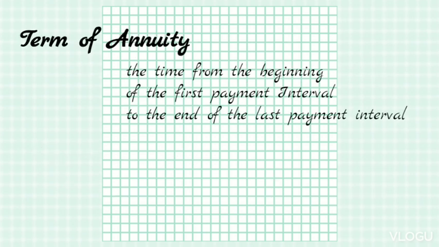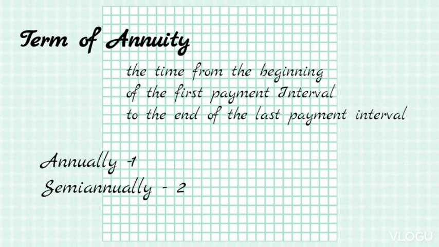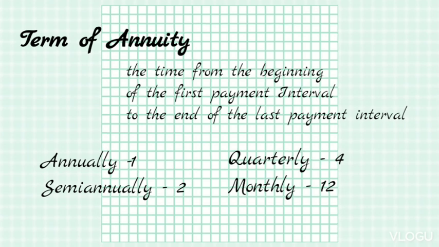Term of annuity is the time from the beginning of the first payment interval to the end of the last payment interval. We have conversion periods. When the conversion period is annually, M is equal to 1; semi-annually, M is 2; quarterly, M is equal to 4; and monthly, M is equal to 12.